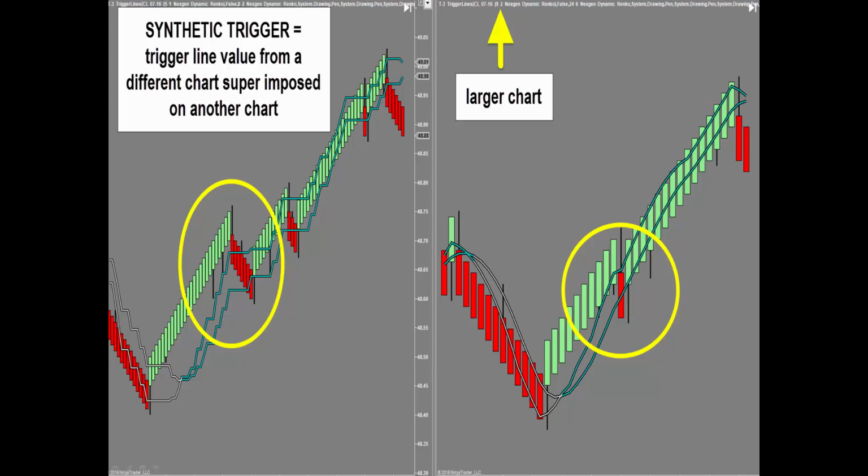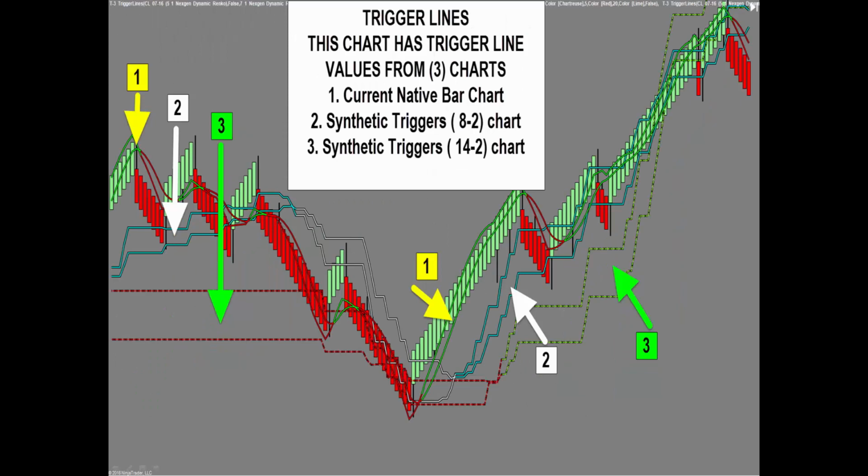So when you get to your charts, and this is the way we run our chart in our trading room, in the educational room, we've actually got 3 sets of trigger lines on your chart. The first one that you see in yellow is our regular small trigger line, and that's from the chart that you're running. And then we have a superimposed 8-2 synthetic trigger.